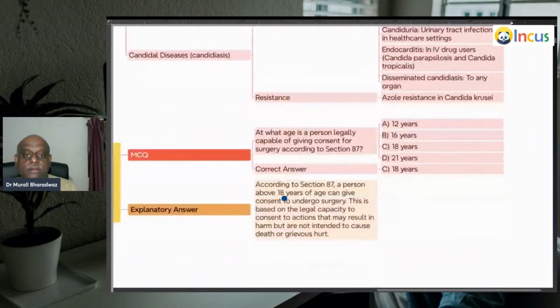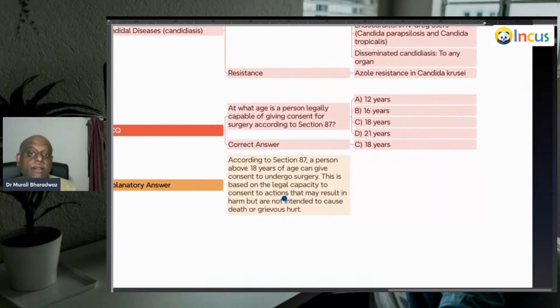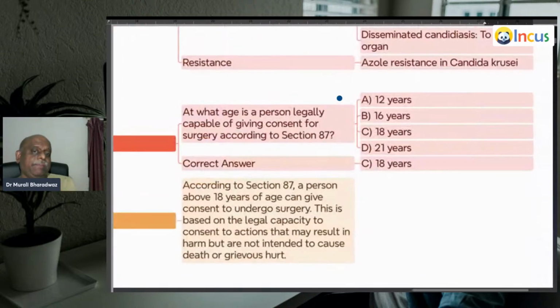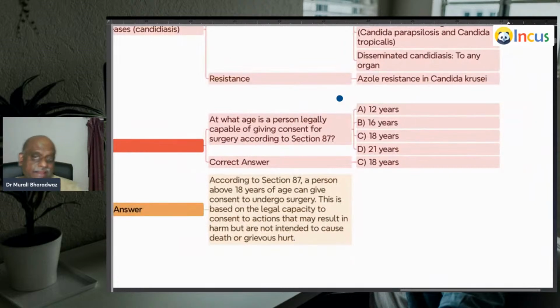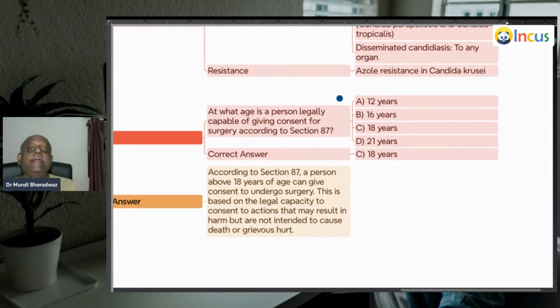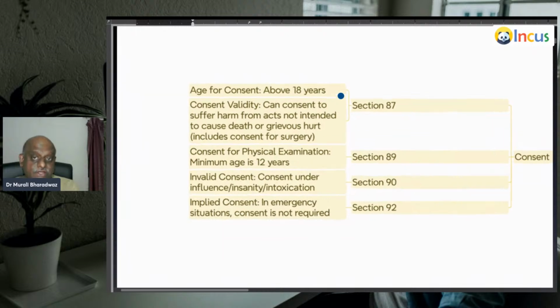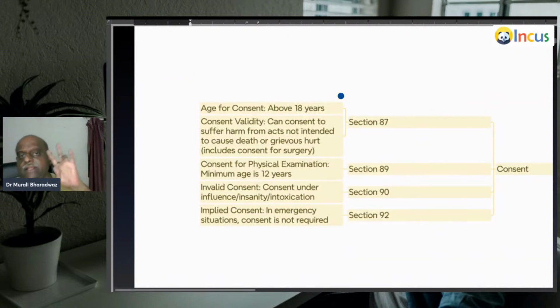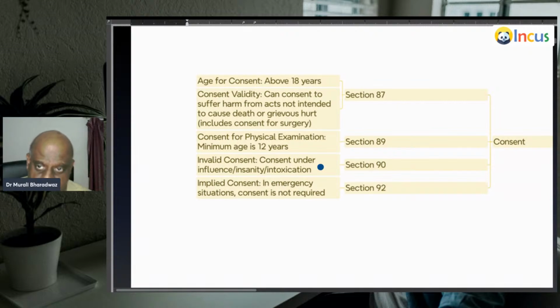Now, the next question. At what age is a person legally capable of giving consent for surgery according to Section 87? So you should be very sure. 18 years. 18 years. So certain sections, definitely 2 MCQs will come in the NEET PG exam on the various criminal procedural code and sections.